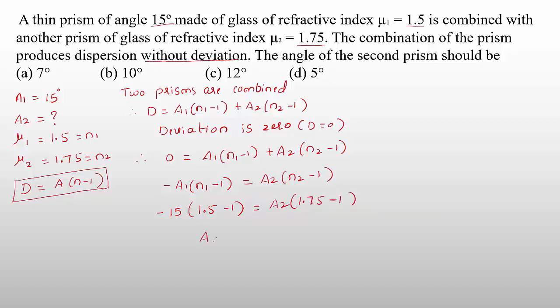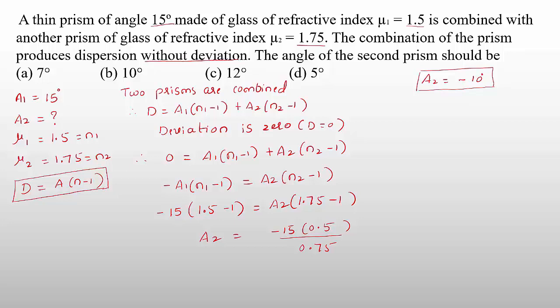Now we can write it as A2 equal to minus 15 into 0.5 divided by, in the denominator we will get 0.75. So by calculating this value we will get A2 equal to minus 10 degree. So after calculation we got angle of second prism as minus 10 degree.